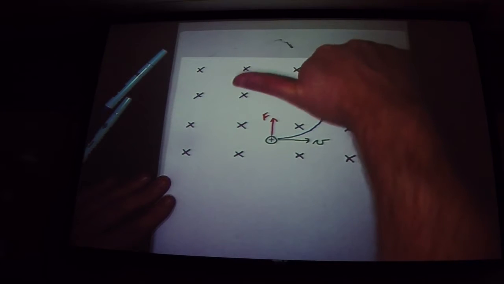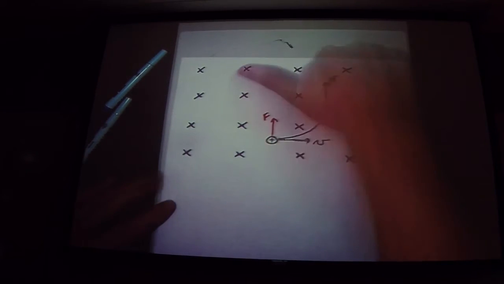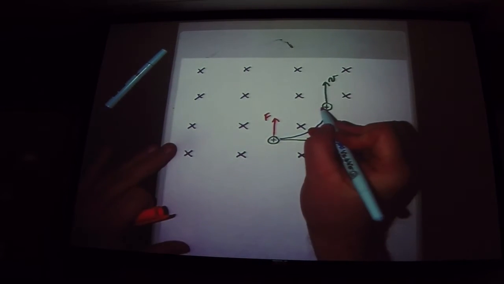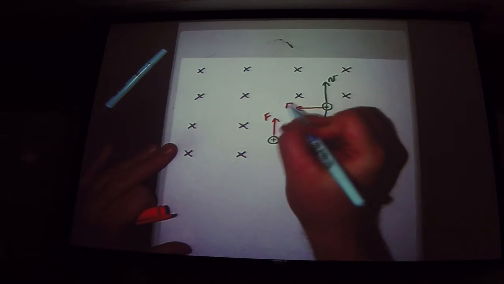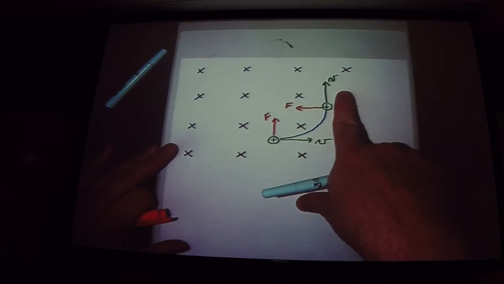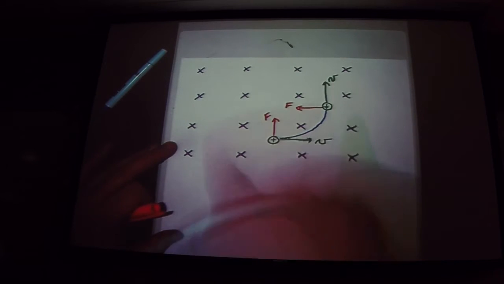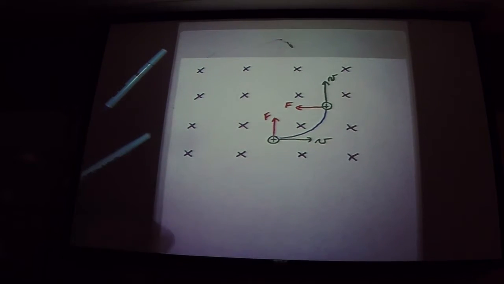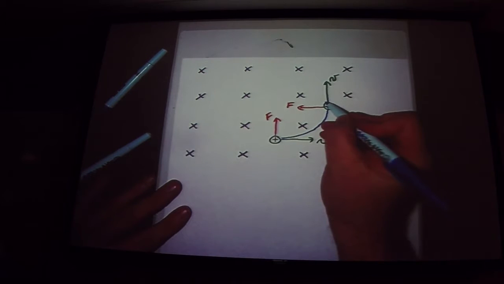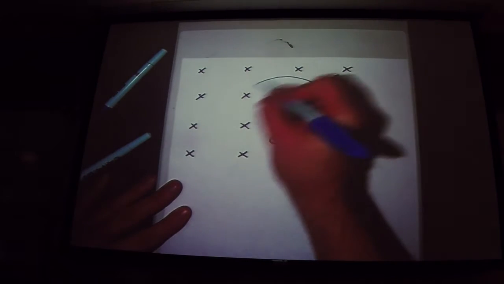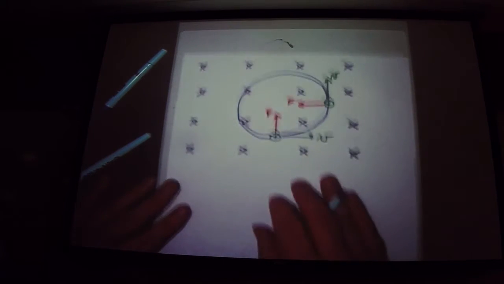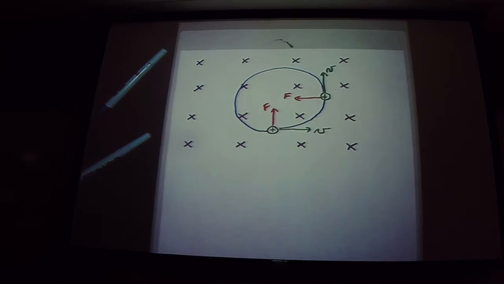Now the force is to the left. It's still perpendicular. So a perpendicular velocity in a magnetic field will move in a circle. It's circular motion.